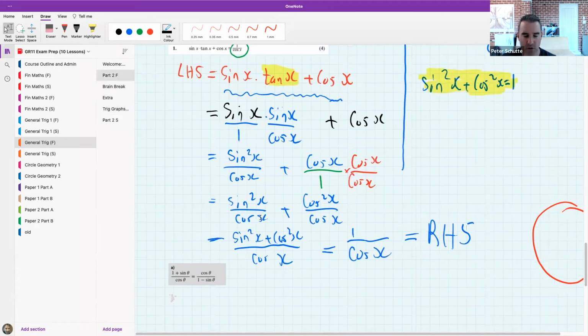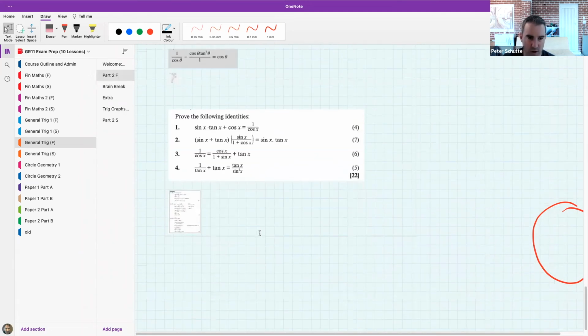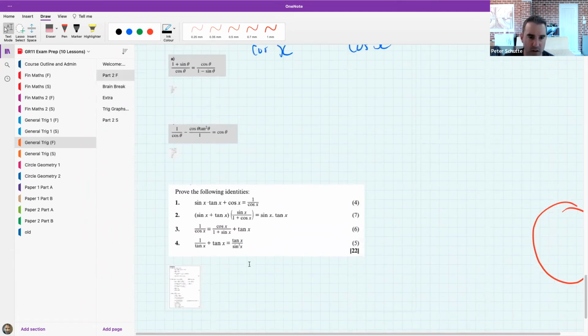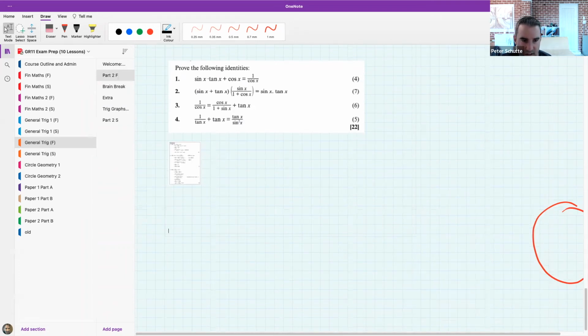Okay, you know what I'm going to do? Instead of doing an identity question now, let's go to a trig equation question. Let me make one up for us, because I feel like that will be more helpful in general.